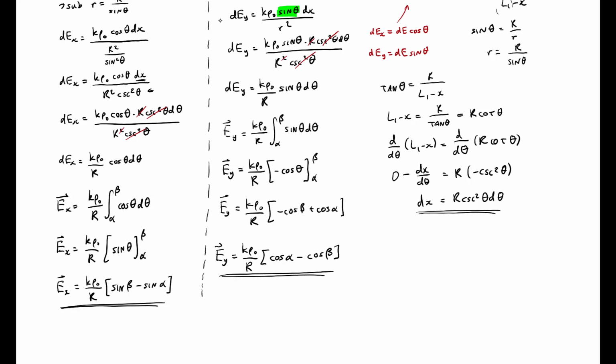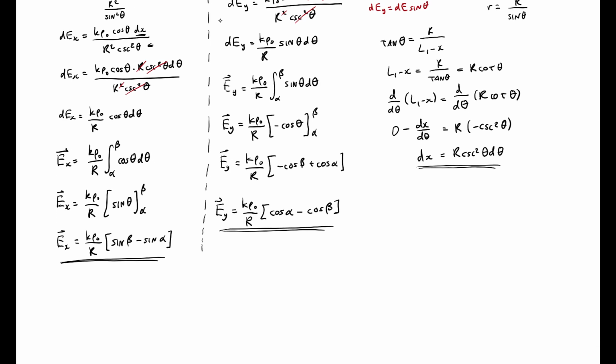Okay, so that was very tedious. We're still not done. We still have to write out the total electric field. So therefore, the total electric field is going to be equal to k rho naught over R of, we have sine beta minus sine alpha in the x direction, plus we have cos alpha minus cos beta in the y direction.